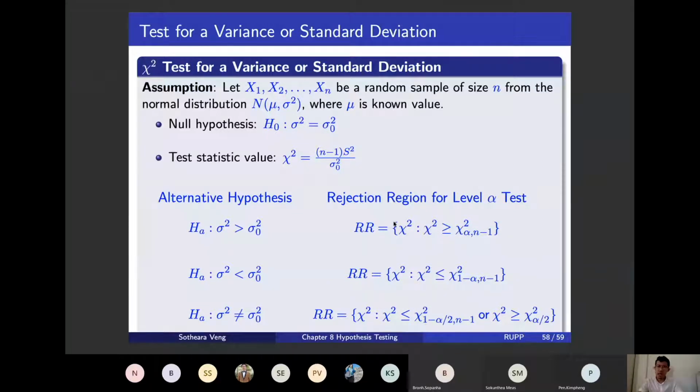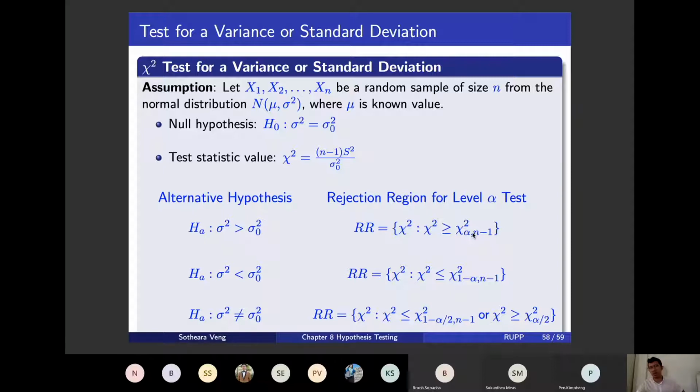And this is the corresponding rejection region for the three tests. Okay, so in this case, the rejection region is you have to look at any value that is greater than this, right? Okay, you already saw something like this when we were working on the confidence interval.